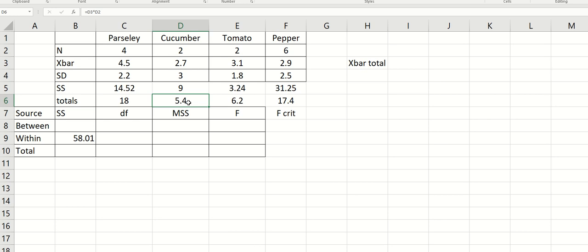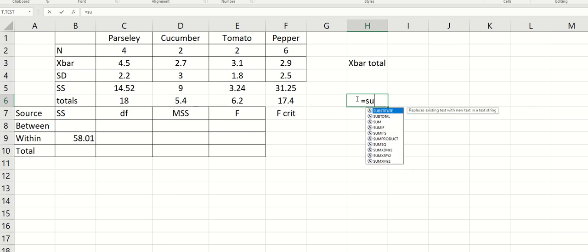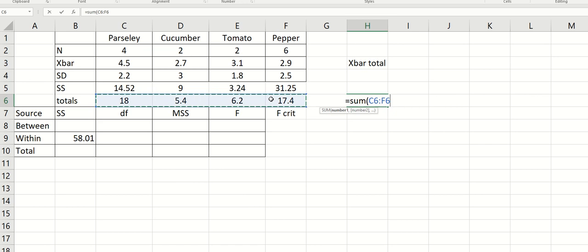The total for cucumber is 2.7 times 2. The total for tomato is 3.1 times 2, etc. So by adding up these values, I get the total of all the observations, which is 47.